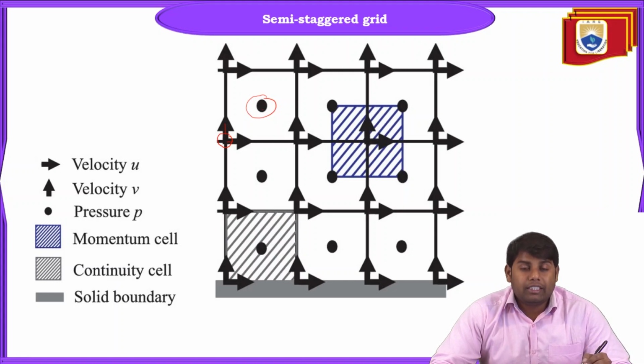So the semi-staggered grid arrangement is basically a combination of the collocated and staggered grid arrangements, you can assume. But the difference is that at the center of the cell you have scalar variables, which is equivalent to staggered, but instead of cell faces, the vectors are located at the grid points. Okay, here the center of the cell, here at the grid point.